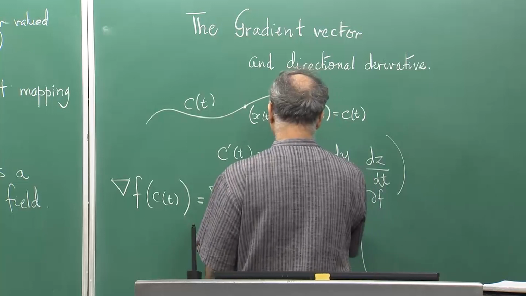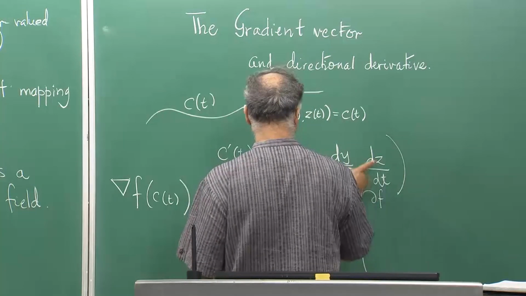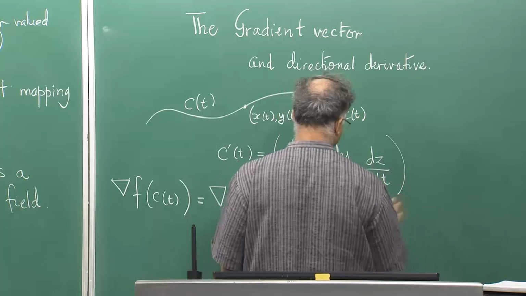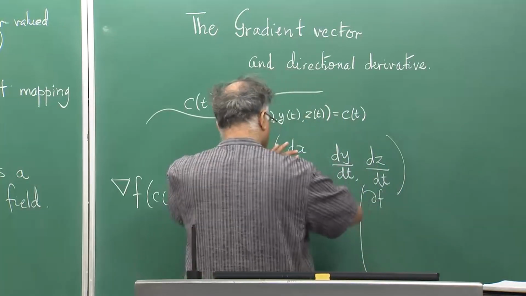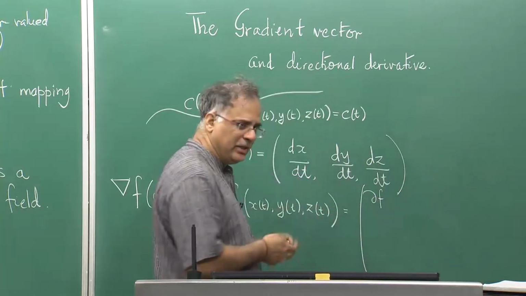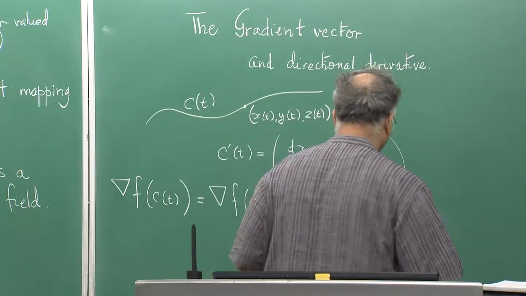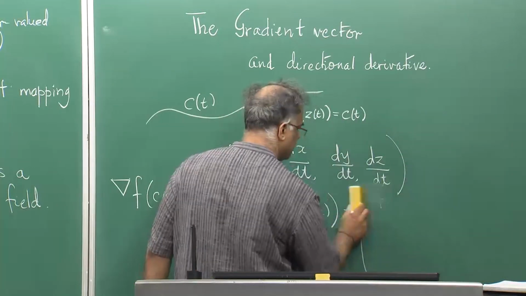I am writing it as a row vector; we can write it as a column vector also. Sometimes I write it this way just for the space, because the table seems to block the view.